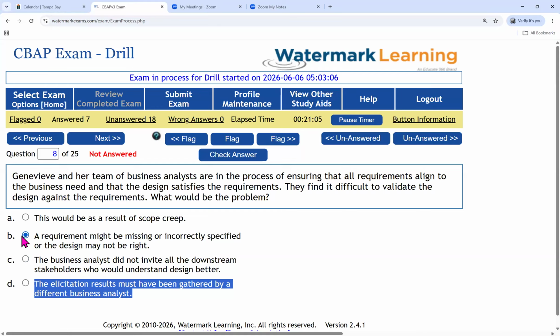So it's either a problem with the requirement or a problem with the design. Okay, all right. So Gabrielle, you're the tiebreaker. Do you like B or C or A best?